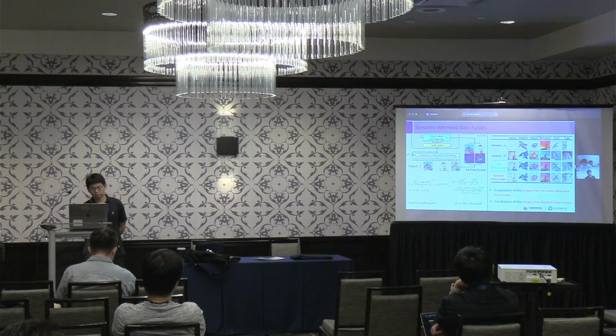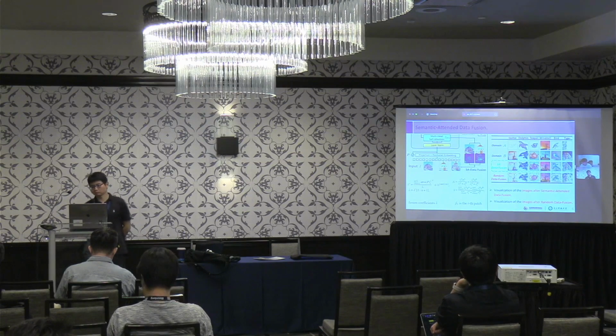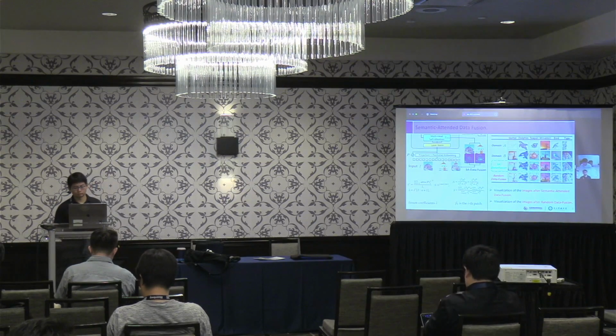You can see that after our semantic-attended data fusion, the semantics in the picture receive high attention. If we just use random data fusion, the semantics are not visualized. And this is our formalized term.